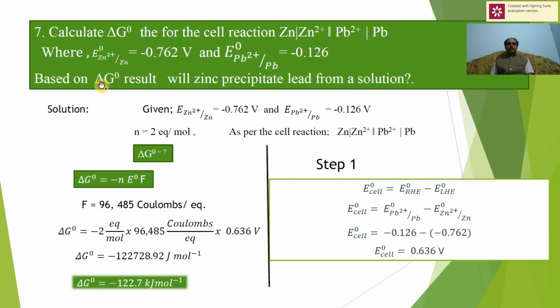Yes, based upon the delta G naught result, delta G naught is a negative value, so it is spontaneous. When delta G naught is negative for a particular cell reaction, the reaction is said to be spontaneous. Therefore, when zinc and lead cells are connected with each other, when oxidation and reduction take place, zinc precipitates lead from a solution.